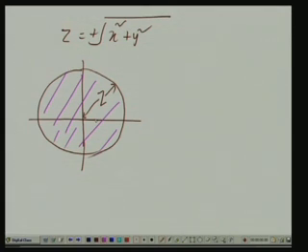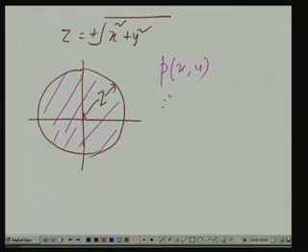Now, suppose it is further given that x y, their probability densities are such that they are circularly symmetric, which means the joint probability density P x comma y does not depend on x or y individually, but is a function of just the distance of the point x y from the origin.